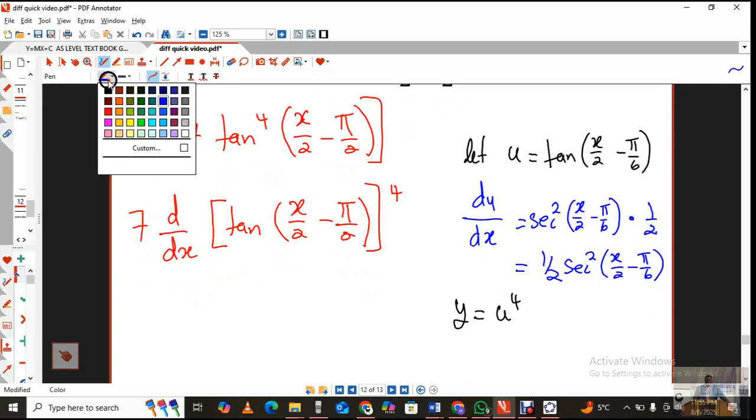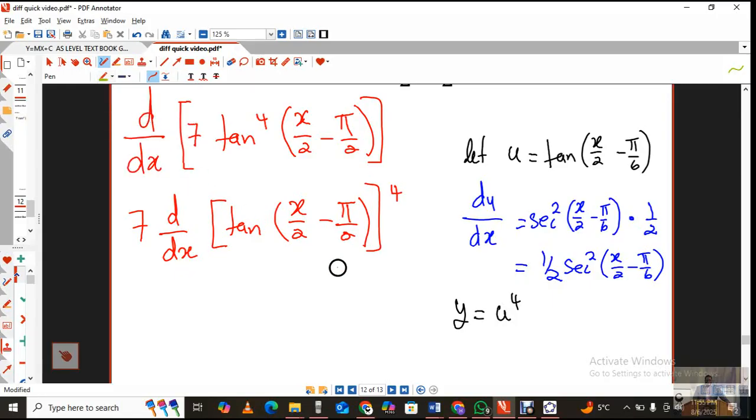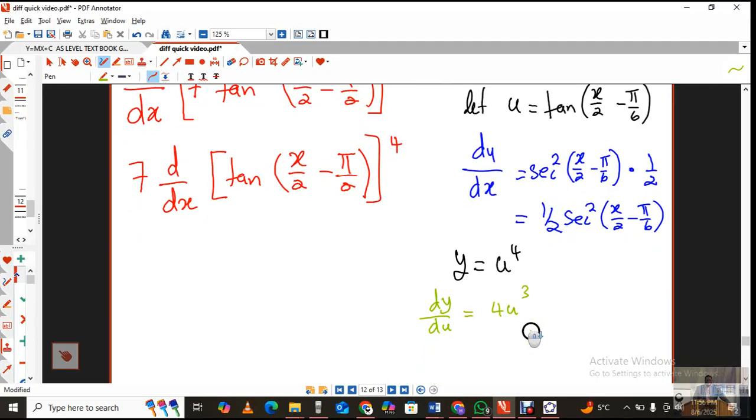Now, let's bring in dy du. That is going to be 4u cubed. There we go. And remember what was our u in the first place. So what is the chain rule saying? It's dy dx is equal to dy du multiplied by du dx.